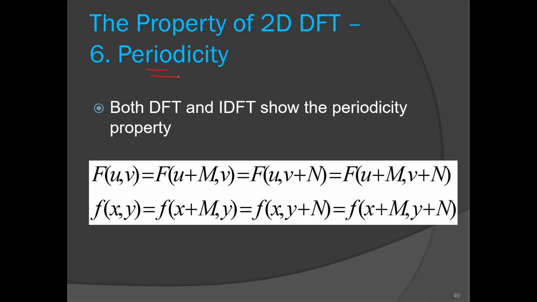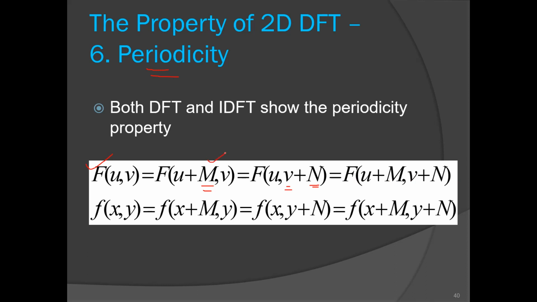Then the next one is the periodicity property. We have seen a periodic sequence, which means that the sequence repeats itself after a particular period. So if this is our Fourier transform, and its period is M in the direction of u and N in the direction of v, then F(u,v) equals F(u+M, v) equals F(u, v+N), which equals F(u+M, v+N).